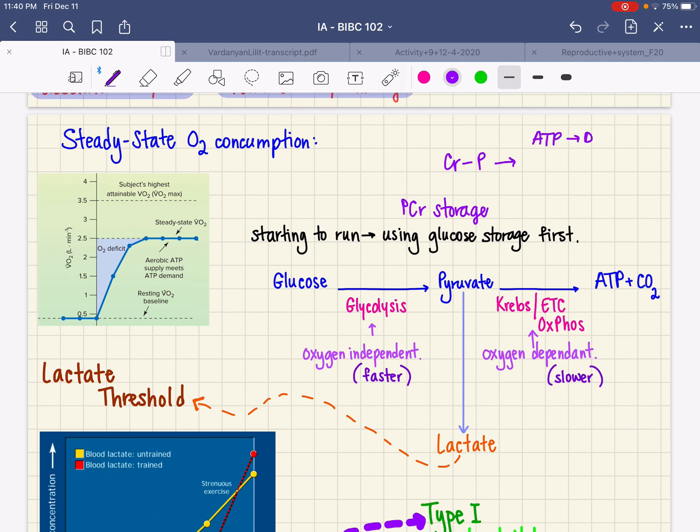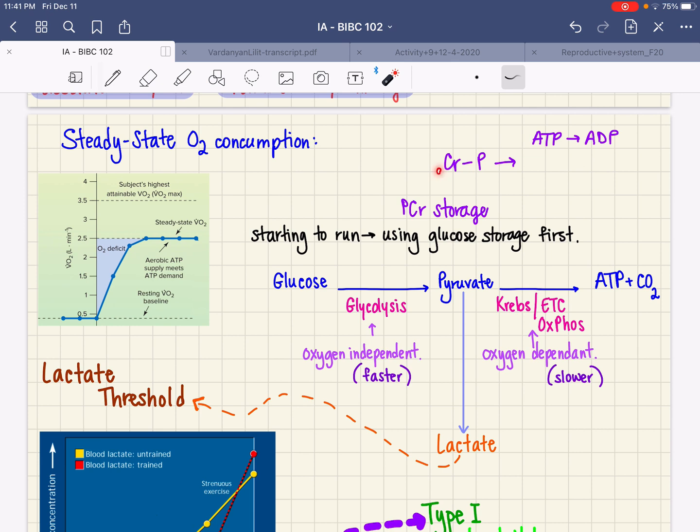Now this is ADP. And to be able to replenish this, to be able to use this ADP and turn it back to ATP, I have creatine phosphate that basically gives its phosphate to ADP to form ATP rapidly.